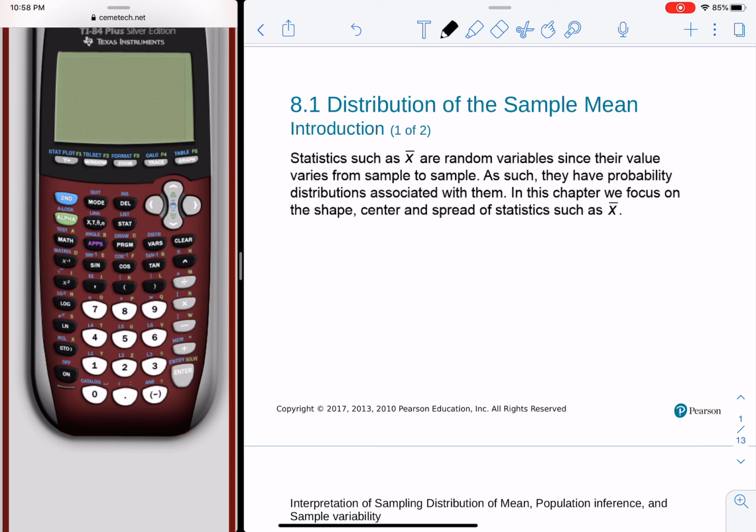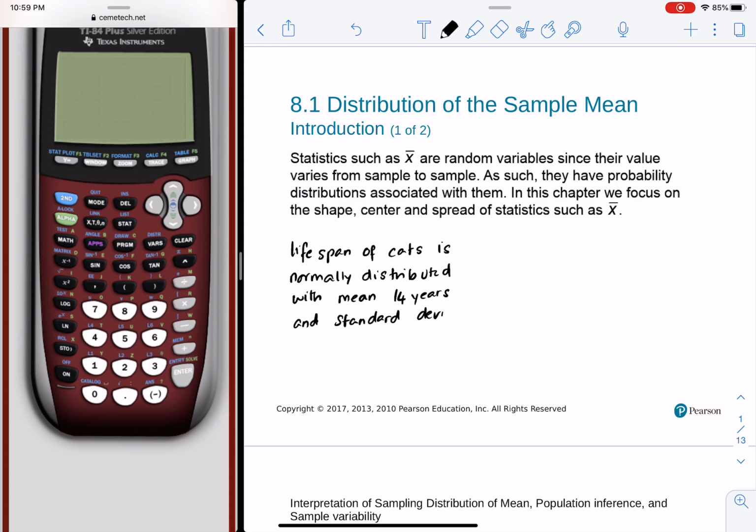For instance, suppose we say that the lifespan of cats is normally distributed with mean 14 years and standard deviation of 1 year.